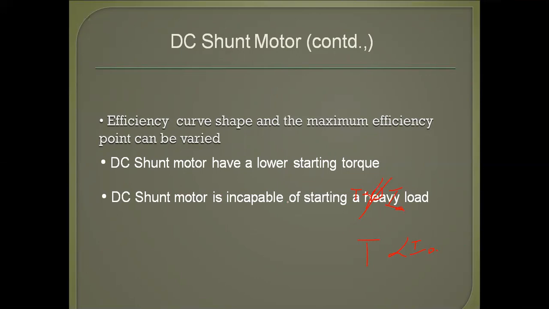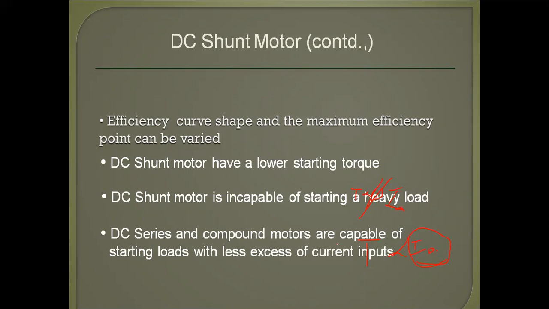To start with a heavy load, the torque required is more. If we start a heavy load with this DC shunt motor, it draws a huge amount of armature current. DC series and compound motors are capable of starting loads with less excessive current input. Why? Because their torque is proportional to the square of the armature current.